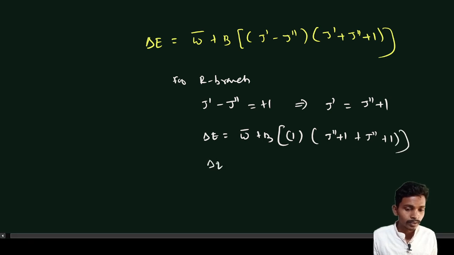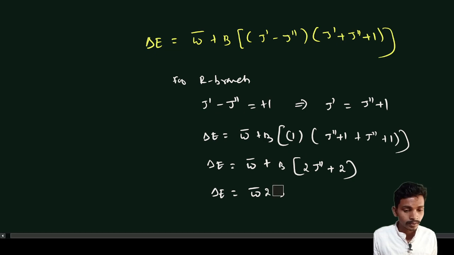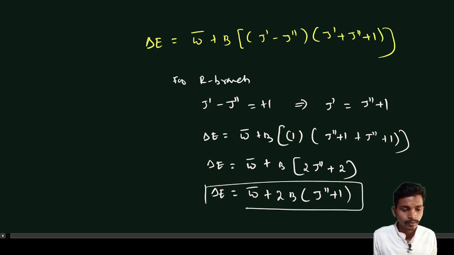Whenever you do it, you get omega naught plus B times 2J double dash plus 2, that is, omega naught plus 2B times J double dash plus 1. This one we take when considering the R branch.